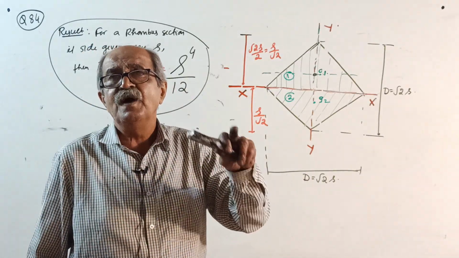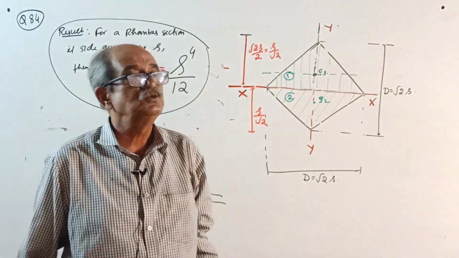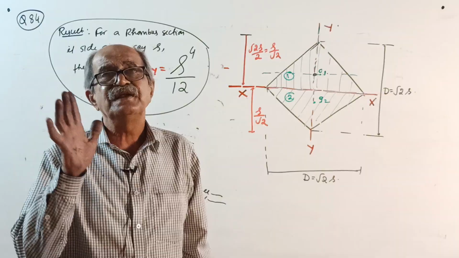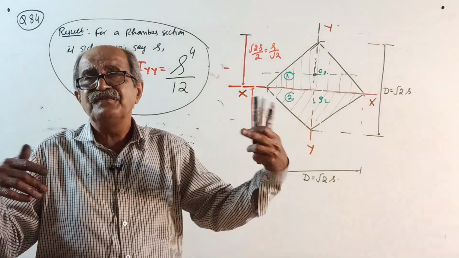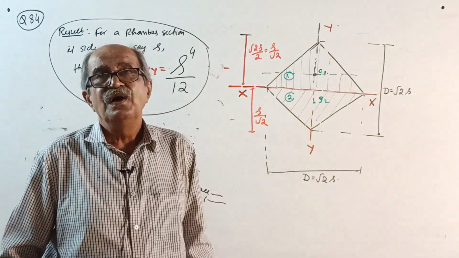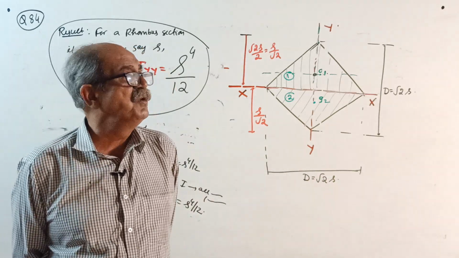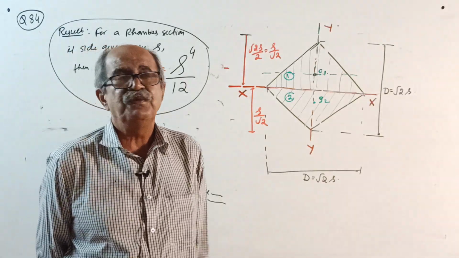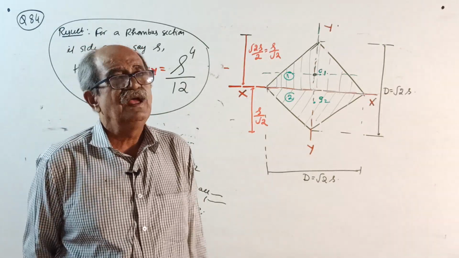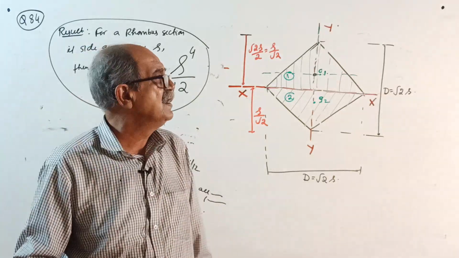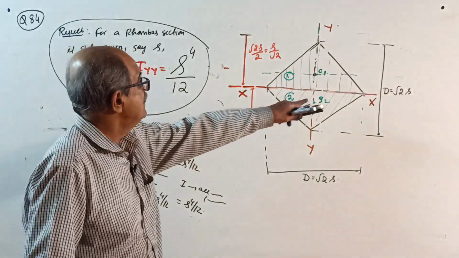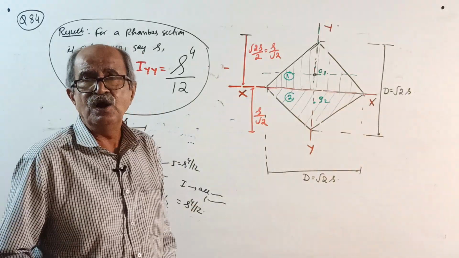This is also valid for circular sections, or any other section. Even a hollow rectangle will do if the dimensions are identical in both directions. Therefore, if Ixx equals Iyy, I about any axis passing through the centroid is the same. Even after calculating, we got the same.